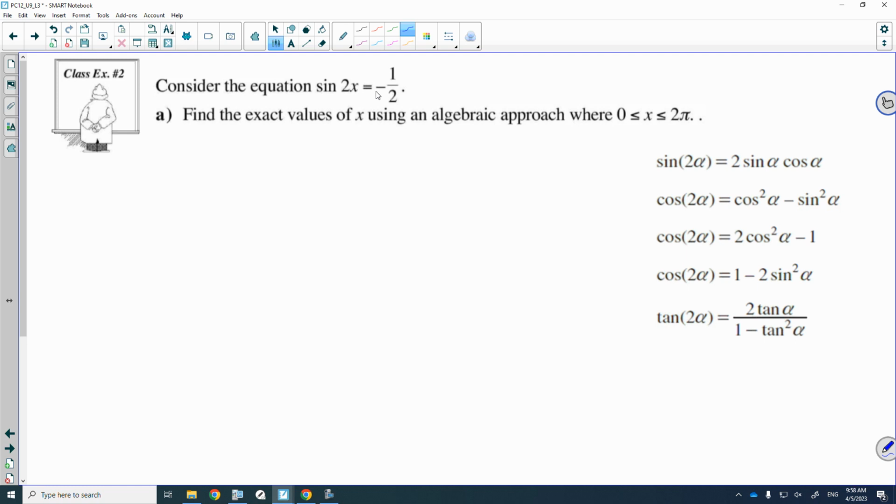Sine of 2x is equal to negative 1/2. So first of all, let's just write what the solution would have been if the sine of x was negative 1/2.